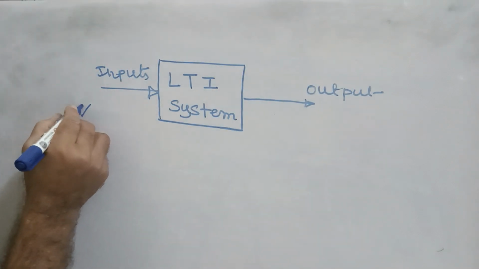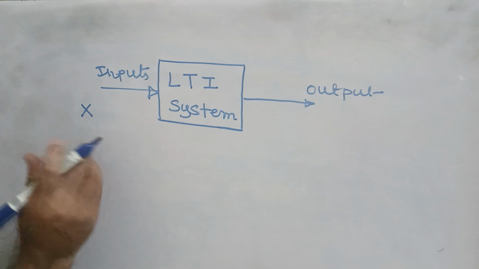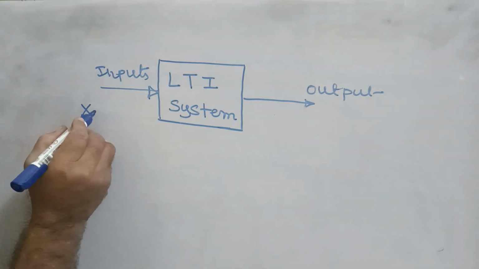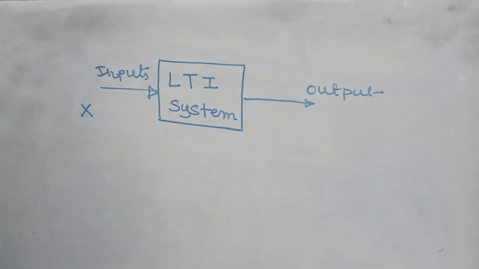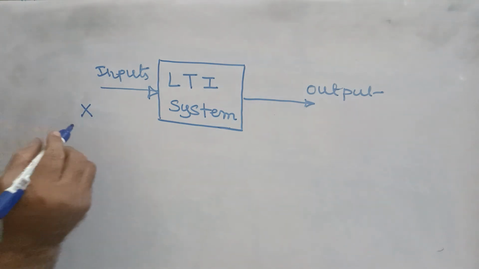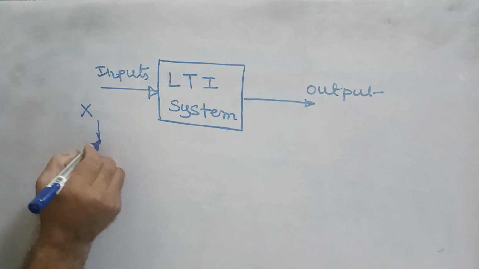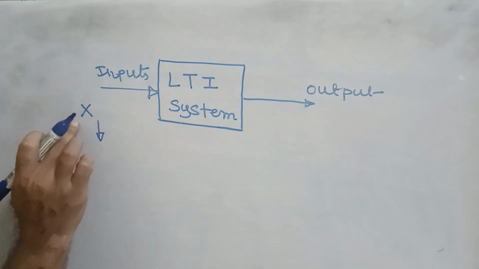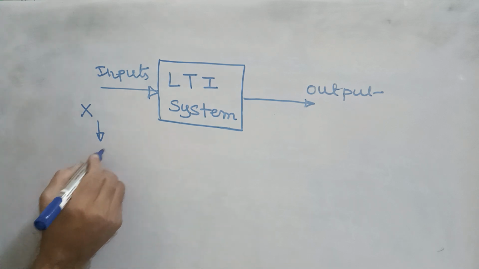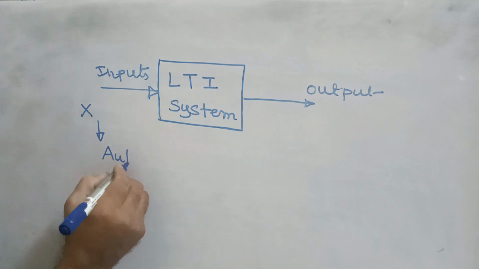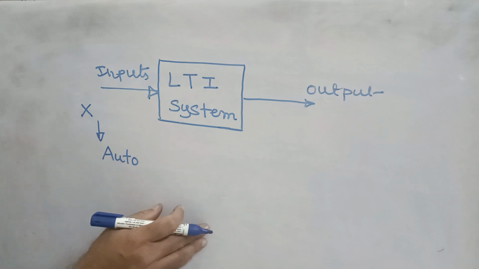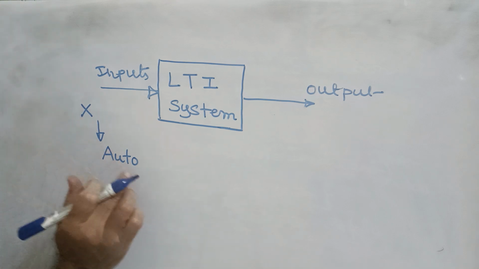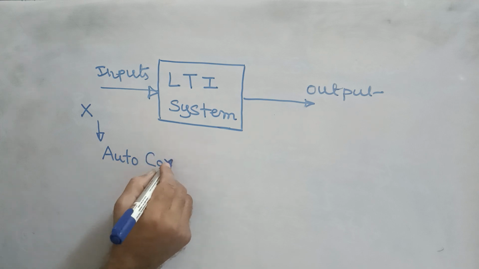So for this random variable X, I am taking it as my input. For this random variable X, first of all, I should know about its autocorrelation. Let us focus on the topic which I am explaining now. So I have to find out the autocorrelation.